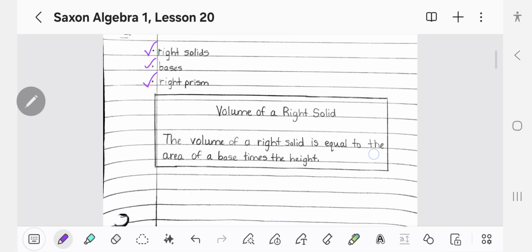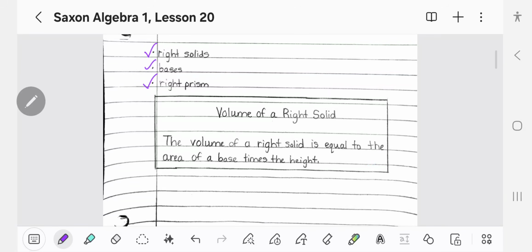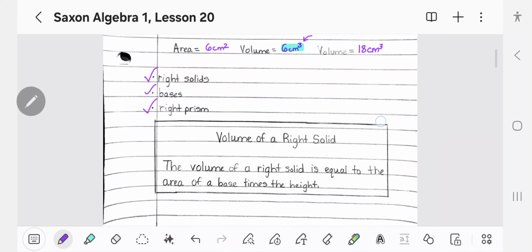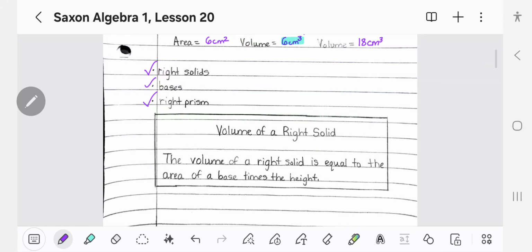Now, here we have our formula so that we can move on and figure out the volume of some things. We don't have to have sugar cubes, and we don't have to make all these drawings and count all the layers. We can learn from this that the volume of a right solid, meeting at 90-degree angles, is equal to the area of the base multiplied by the height.